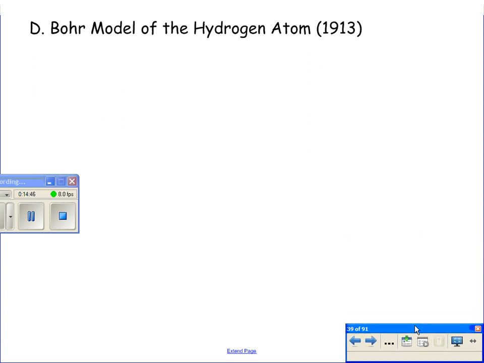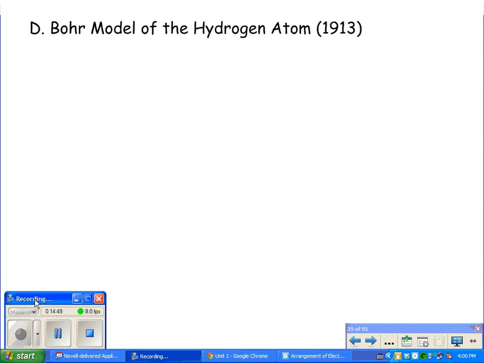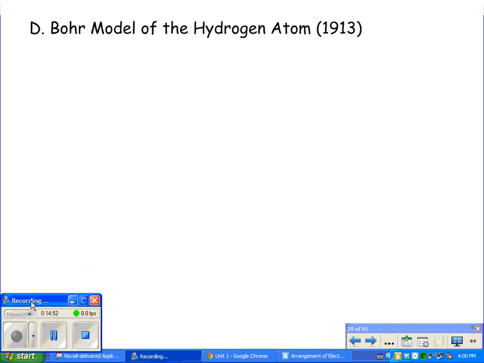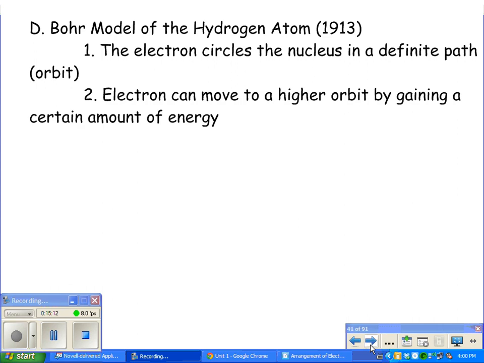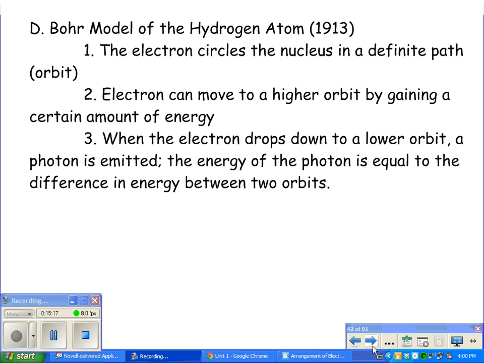So you might remember these from freshman year. A Bohr model is simply one that shows the energy levels and the placement of the electrons. So it always shows what's in the nucleus.